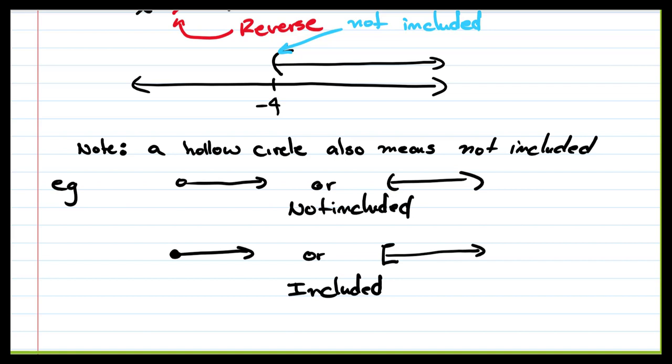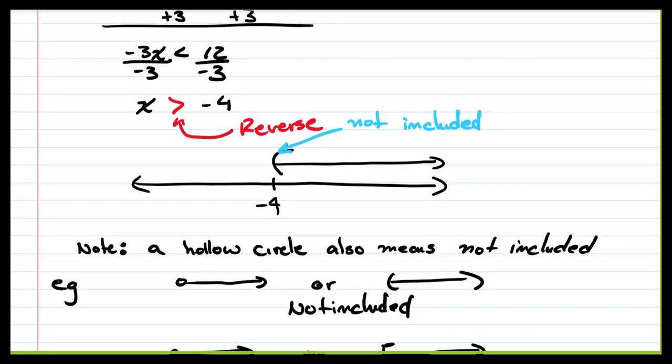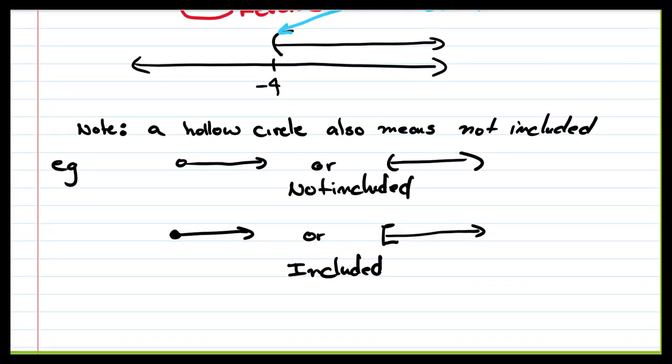So just be aware that they exist and that we can do them. All right. So we had that our solution set was the set of all x's such that x was greater than -4.